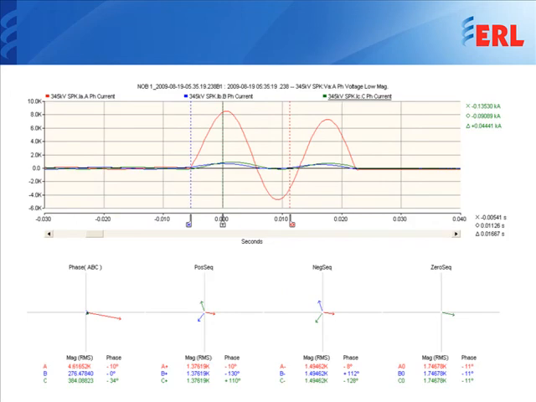Now, if we look at the symmetrical components view, we could easily see what the content is for each sequence. For a phase to ground fault, we know that all the sequences will be present. For a positive sequence, we could expect very high values, and so for the rest of the sequences.